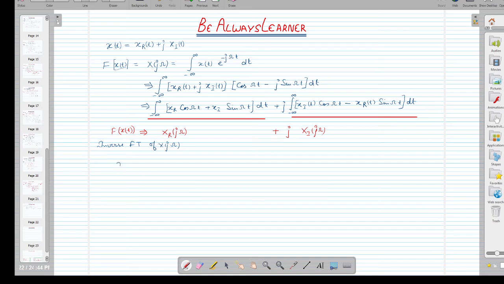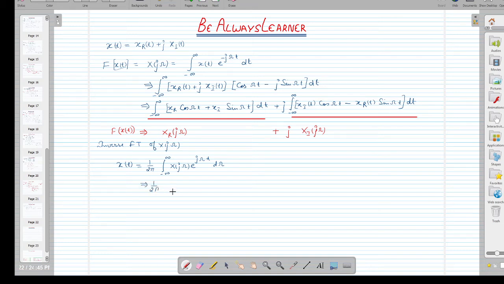Now by definition I can write x(t) is equal to 1 by 2π integration from minus infinity to infinity X(jω) e raised to the power jωt. With respect to ω we have to integrate it. Now that is equal to 1 by 2π.